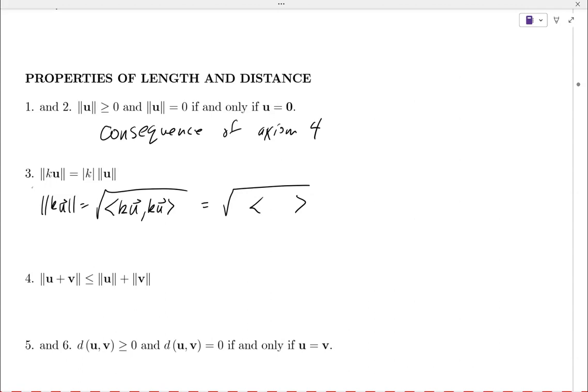So in front of this inner product, what can I write? K squared. And then again, when you do the square root of a square, you don't just get the value, you get absolute value. So this becomes absolute value of K, square root of the inner product of U with itself. Square root of the inner product of U with itself is the norm of the vector.